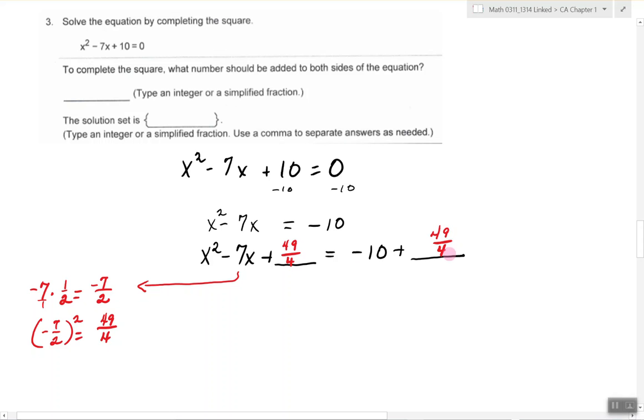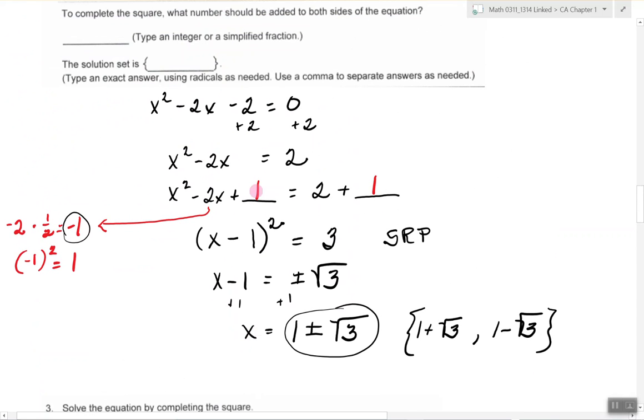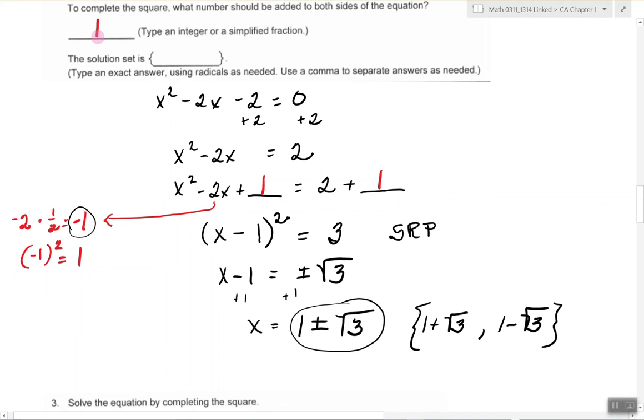Now let me pause to say something I neglected earlier. Each one of these questions asks you to identify this number first. So it would be 49 over 4. Let me back up. In this one, it says what number should be added to both sides. In my notes, that number is 1.